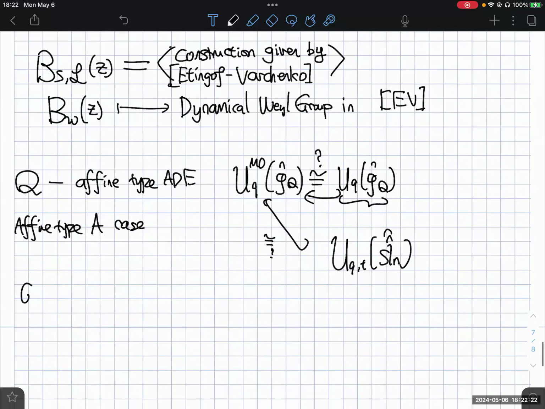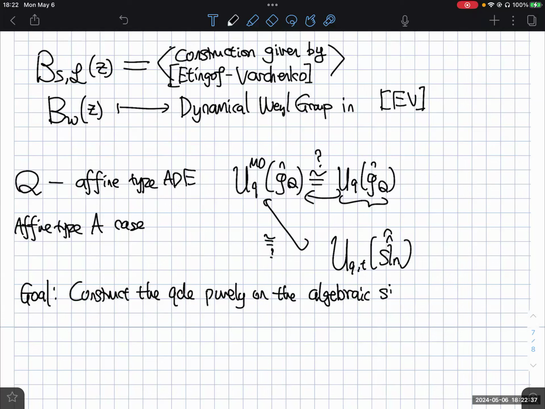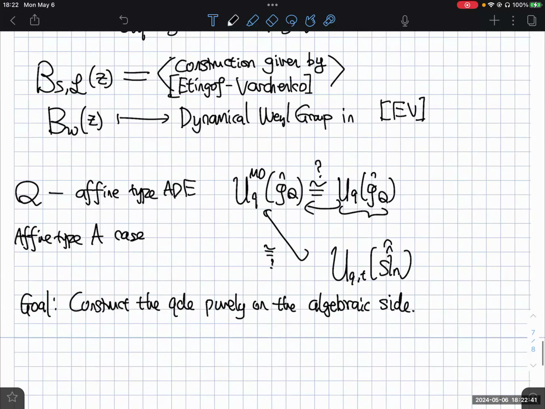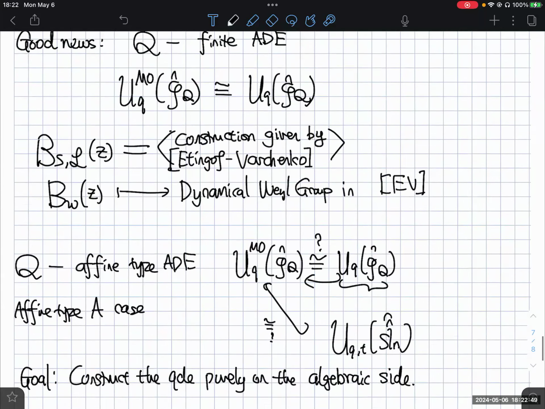So the goal today is to construct this quantum difference equation purely on the algebraic side. This was a really long introduction, and unfortunately I haven't introduced what I have done. So, any questions on this sketch?